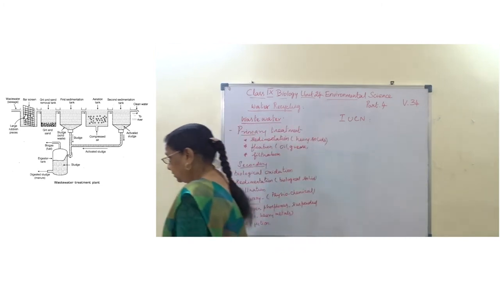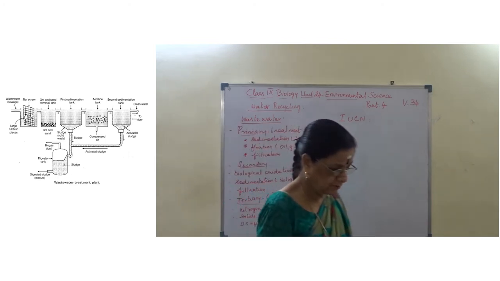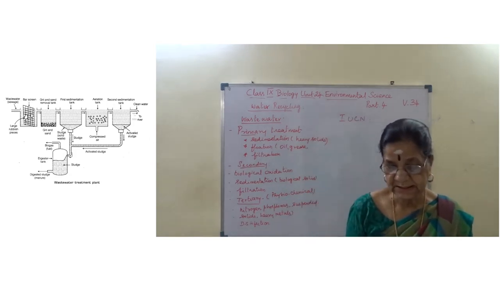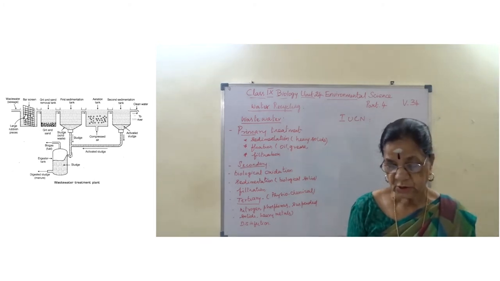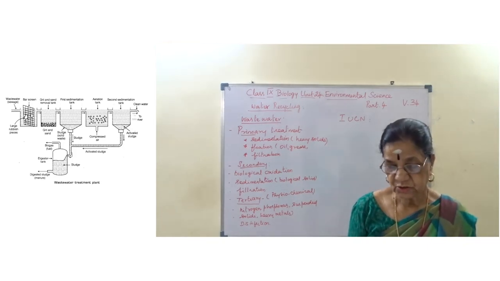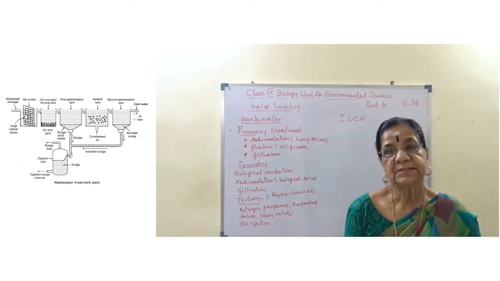So, the mission of IUCN is to influence, encourage and assist societies throughout the world to conserve integrity and diversity of nature and to ensure any use of natural resources is equitable and ecologically sustainable.